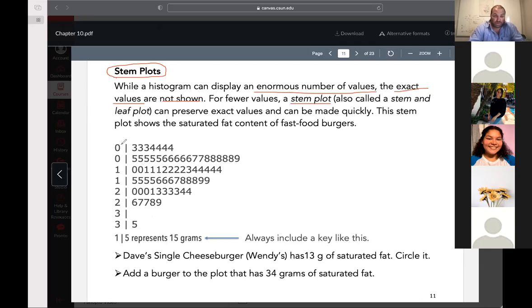The first data point is this one, 0.3. Okay, the first one is 3 grams of saturated fat. The next one is another 0.3. Another 0.3. So there's 3 hamburgers with 3 grams of saturated fat.